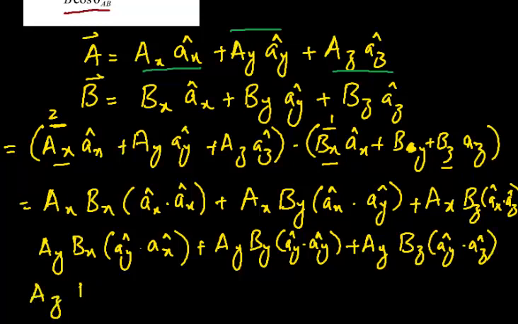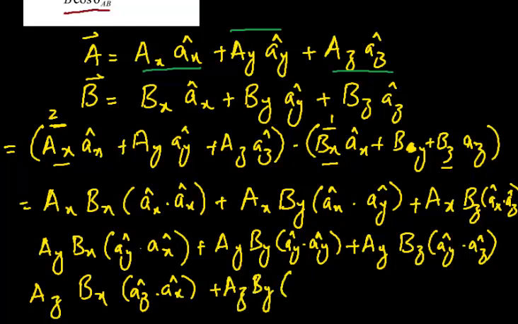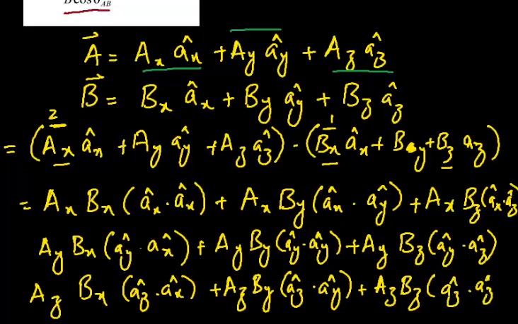Likewise, AZ is going to go with the BX, AZ dot AX, and AZ has to go with the BY, AZ dot AY. It's getting a bit lengthy, but it's going to be reduced to a very nice and presentable form. We are going to appreciate that. At the end this goes with AZ BZ, and AZ dotted with AZ.